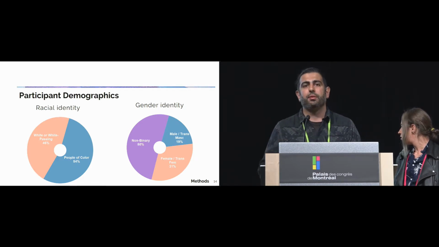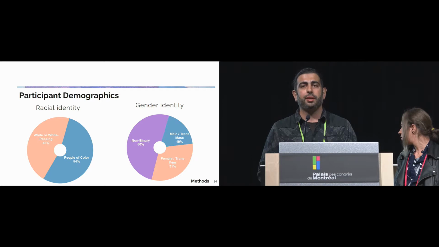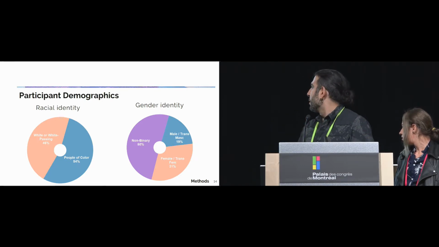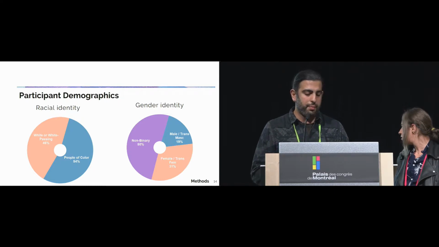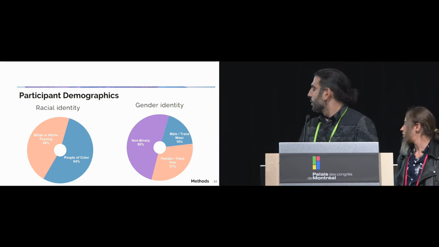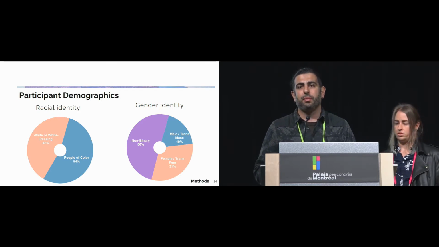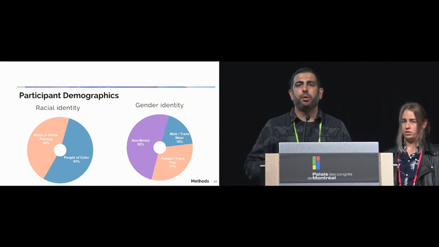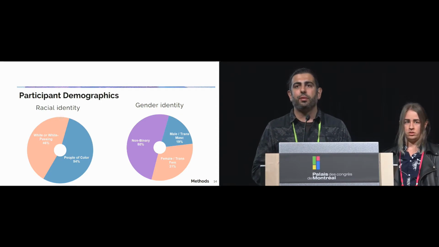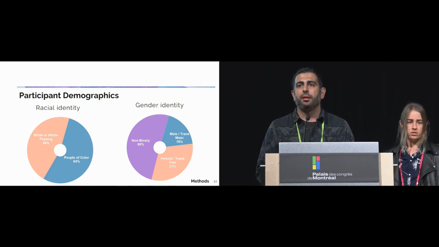Additionally, 50% of our participants identified as non-binary, and 19% identified as male or trans-masculine, and 31% female or trans-feminine. Of course, these numbers just provide a rough overview of our population, and the gender identity of our participants was much more complex.